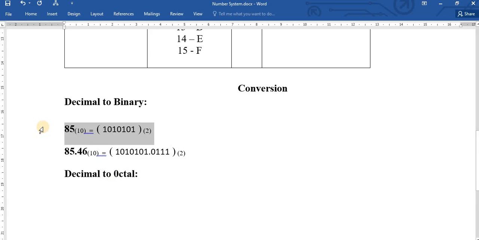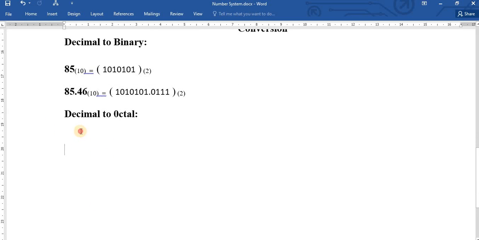For example, you have a number like 857, decimal 857, and the base is 10, and you have to convert it into octal. So base of octal is 8. It means you have to convert this number into octal number system.